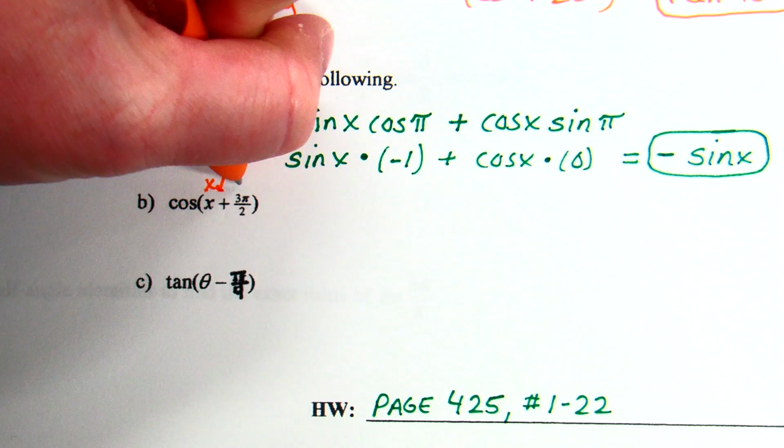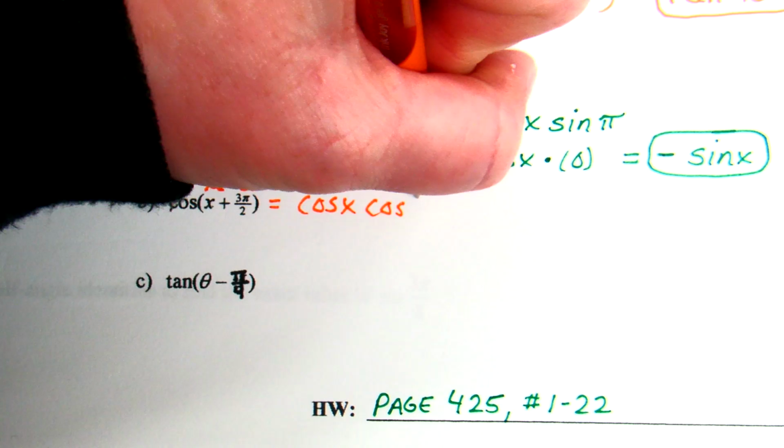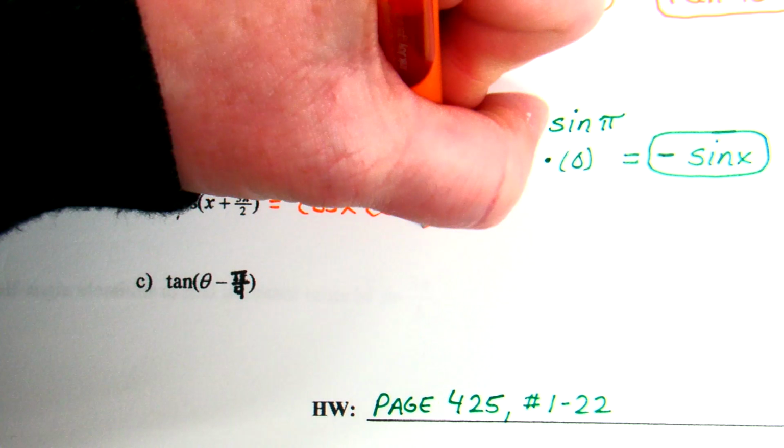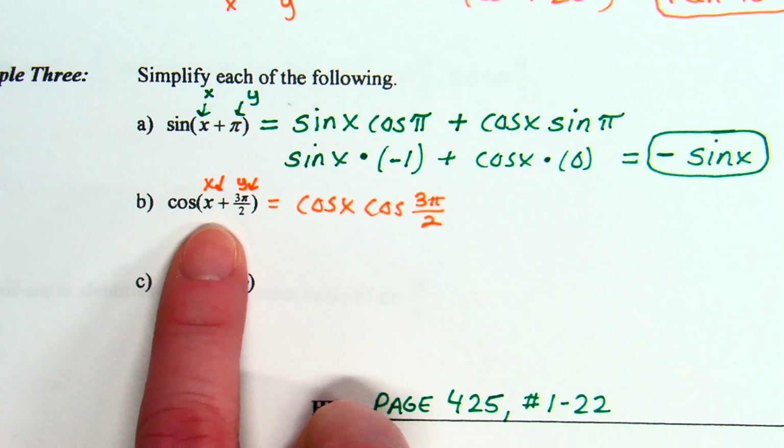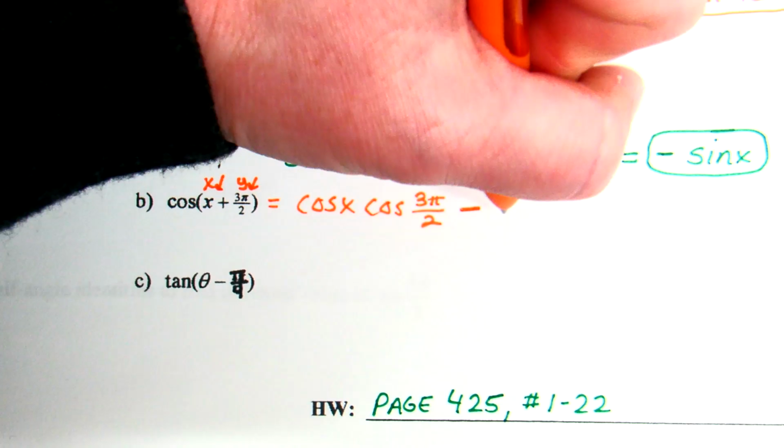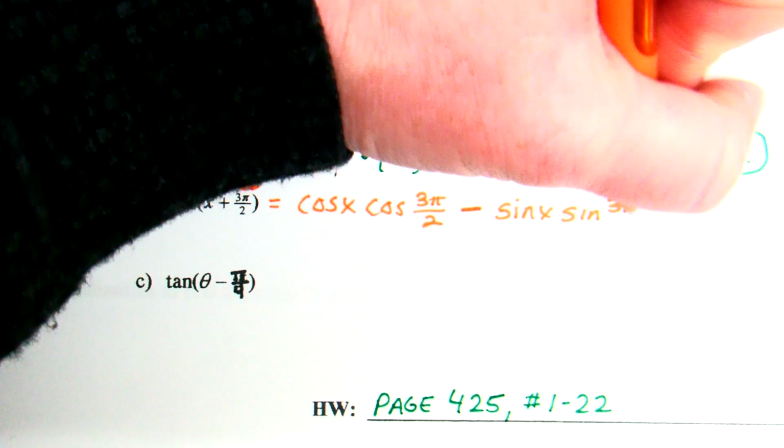So I'm going to start with cosine of x times cosine of 3 pi over 2. The plus or minus sign is opposite. So since this was plus, we're going to use minus. And then it's sine sine. So sine x, sine of 3 pi over 2.